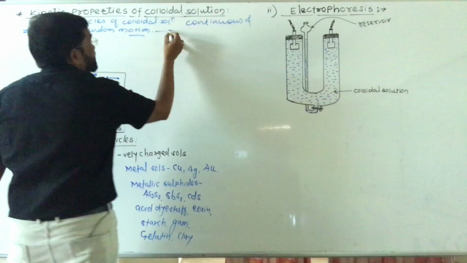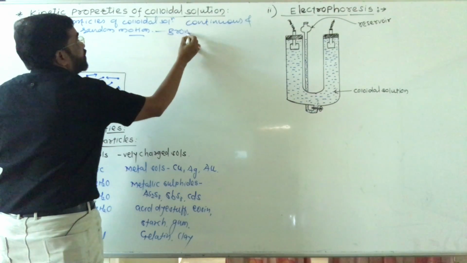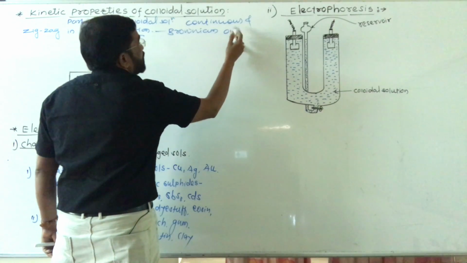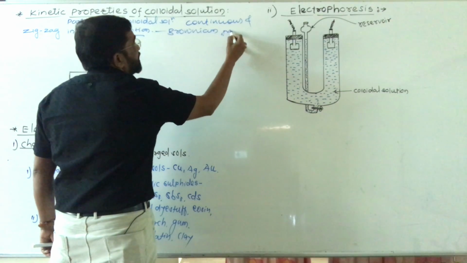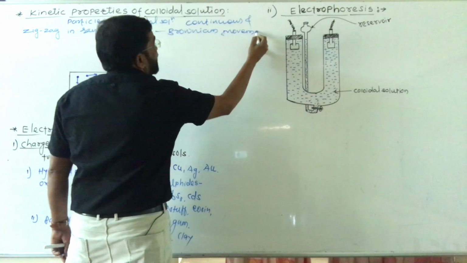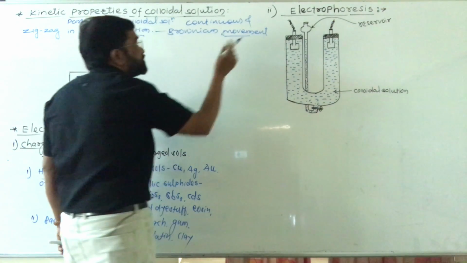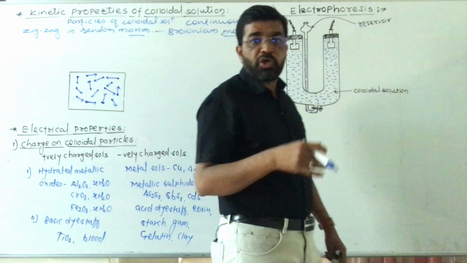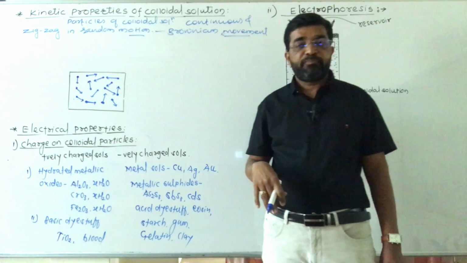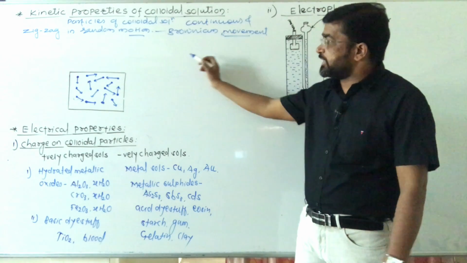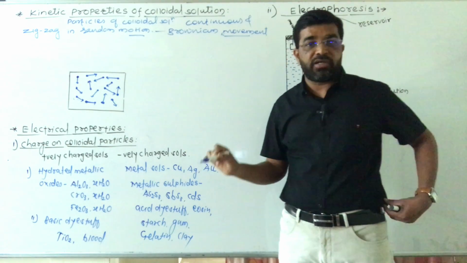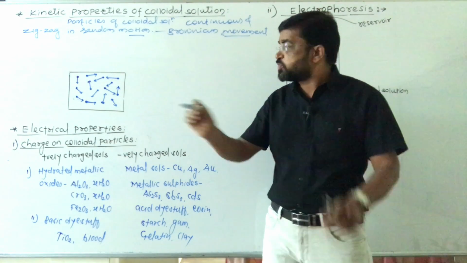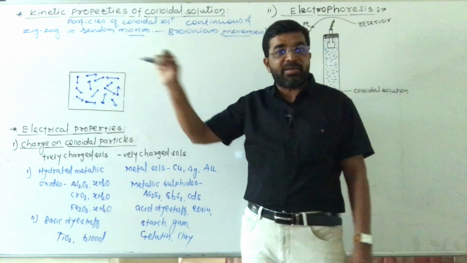It is known as Brownian motion or Brownian movement, because this movement of particles is observed under the microscope, and it is observed that particles present in colloidal solution, that is the particles of the dispersed phase, are in continuous motion in zigzag manner and random direction.